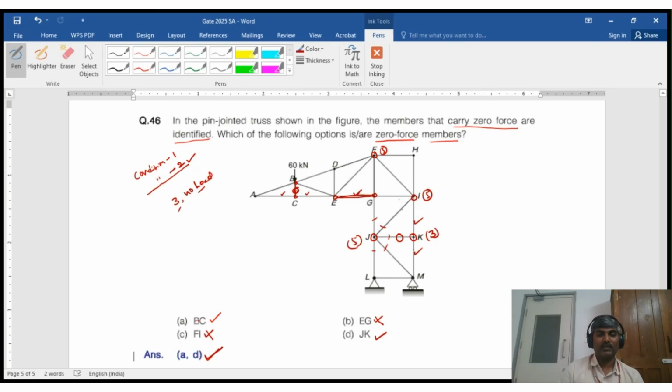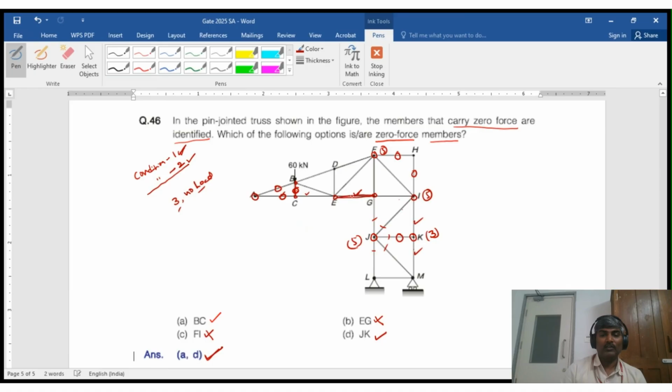Now, just to continue one step further from the solution, let us identify zero force members in this truss. At joint A, there are only 2 members, no load at all, condition number 1. This is 0, this is 0. Joint H, this is 0, this is 0.